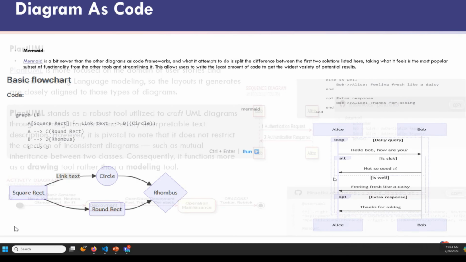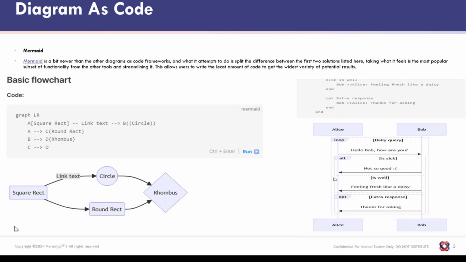Behind that, we have Mermaid, which is newer. It gives the idea of a subset of functionality from the other tools, but streamlined. You can see here again it's a very similar idea: different language, different outputs, but the idea is very similar, right?